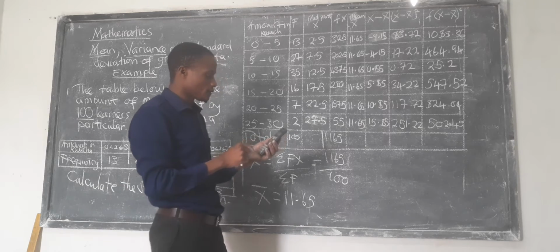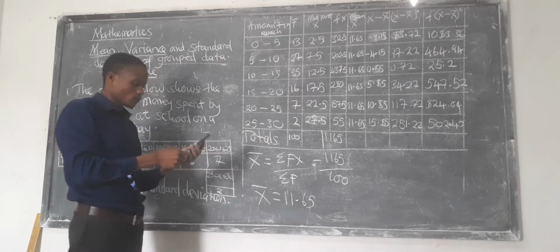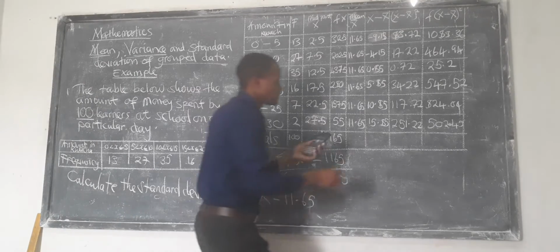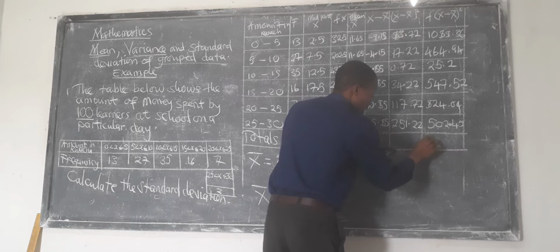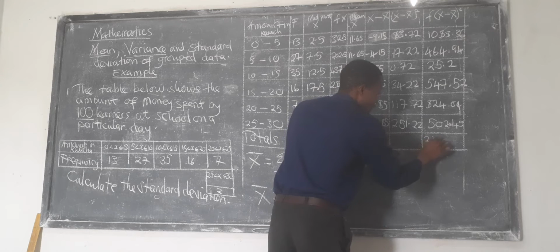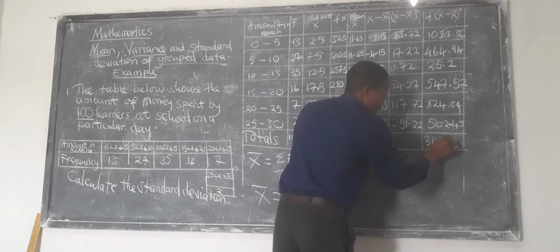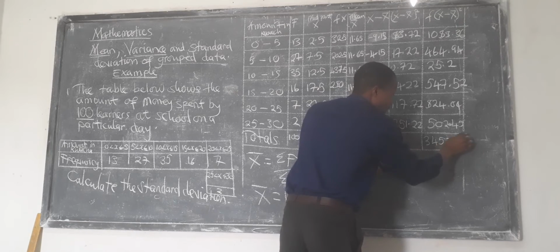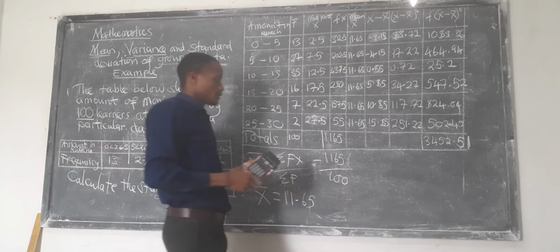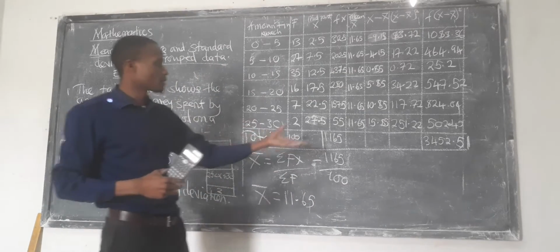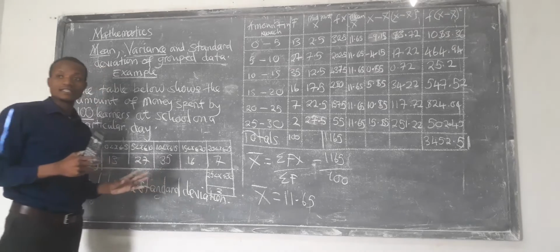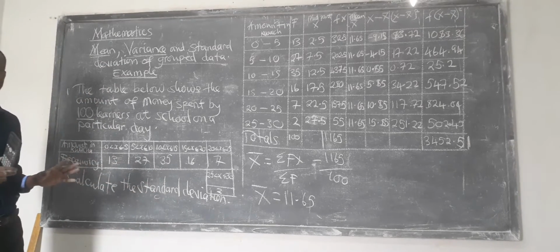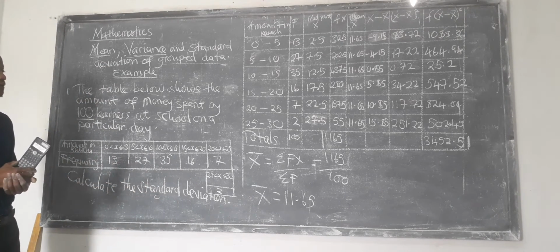Okay, then you add that, and the sum or the total is 3,452.51. When you draw this table and calculate these necessary totals or sums, it becomes very easy for you to find the variance.